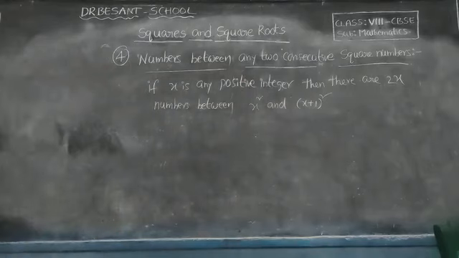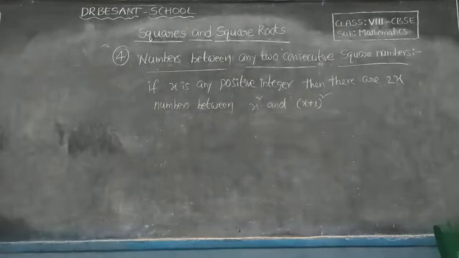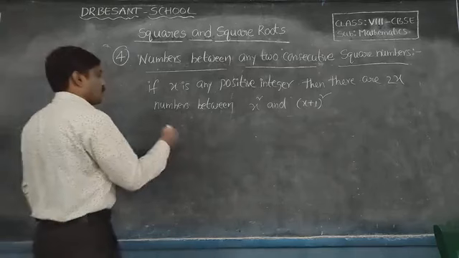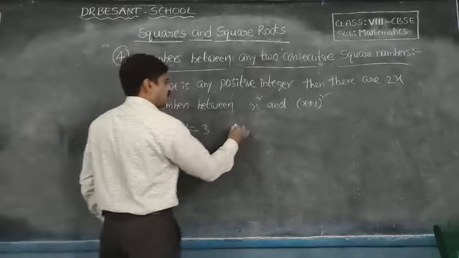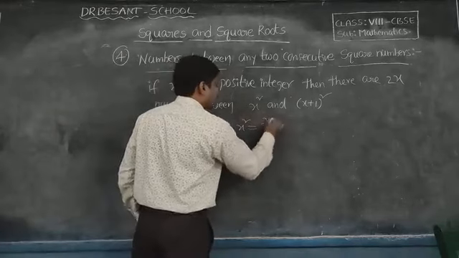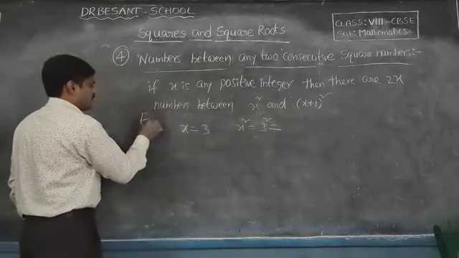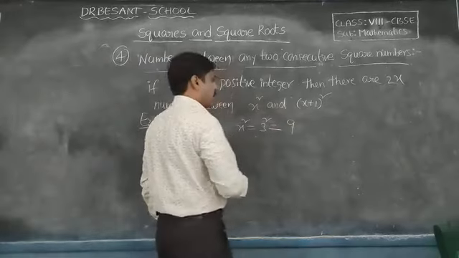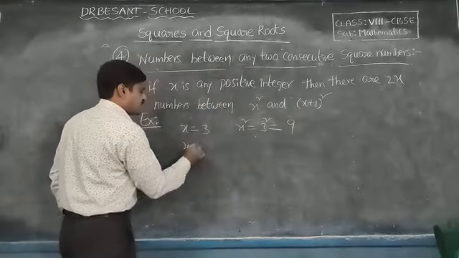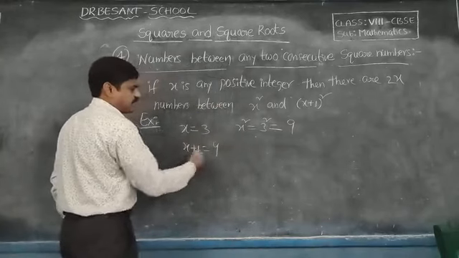Simply one example I will tell you. Let x be equal to 3, then x square is equal to 3 square, that is equal to 9. x plus 1 is equal to 4, 3 plus 1 is 4.